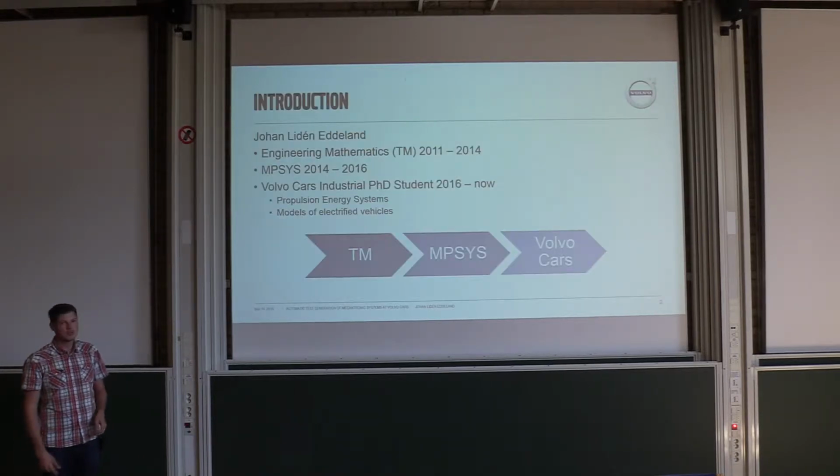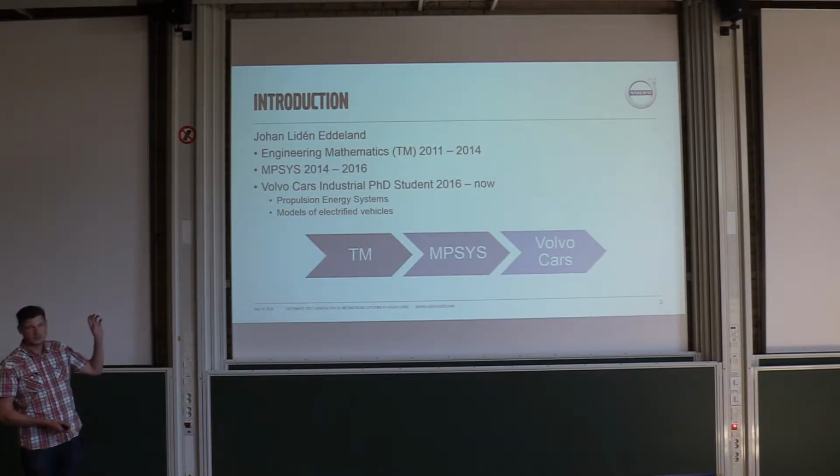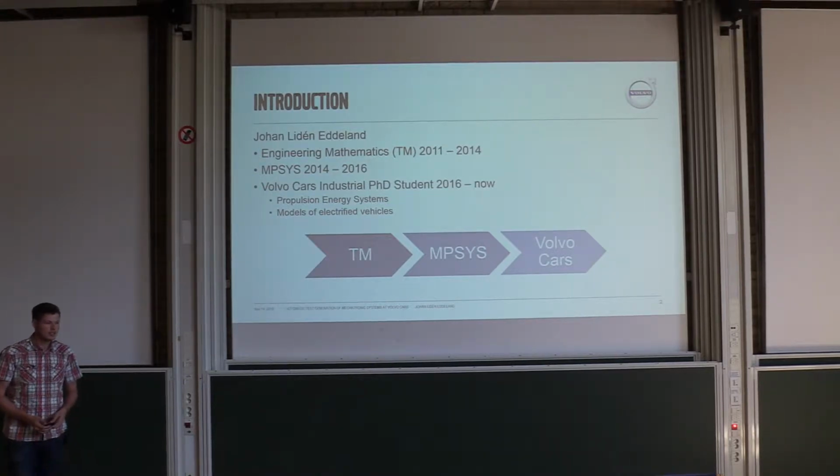And also, you've seen me before in the first tutorial of the Crazy Fly and so on, but this is just some short background on who I am. So my name is Johan Lidén Edland, and I have a background at Chalmers. My bachelor program was Engineering Mathematics, or Teknisk Matematik, and after that I took the Systems Control and Mechatronics master program.